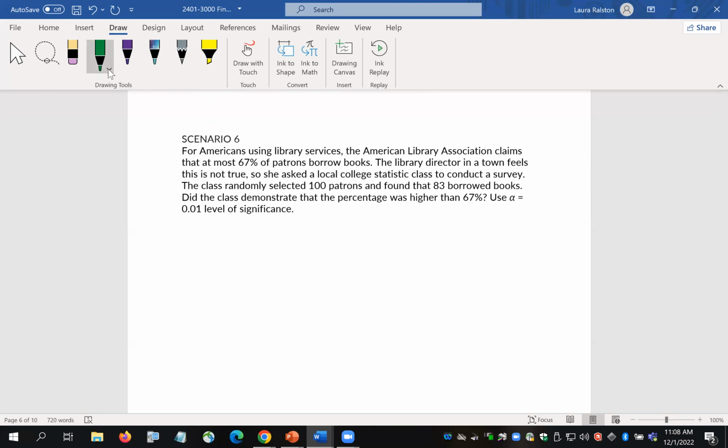So again, we're back to this idea of hypothesis testing. Again, we have to identify which test we have. One of the things that almost immediately jumps out at me in this particular problem is that I have a percentage, which is a synonym for a proportion.